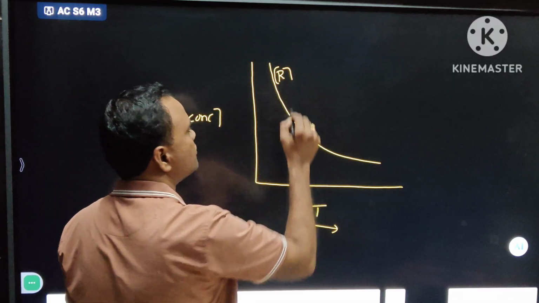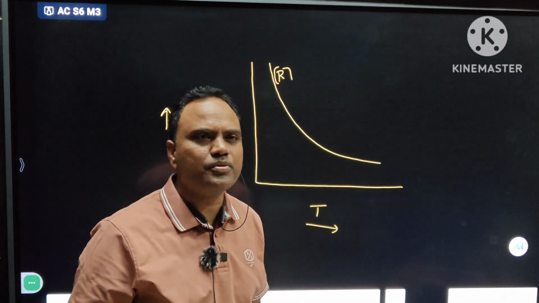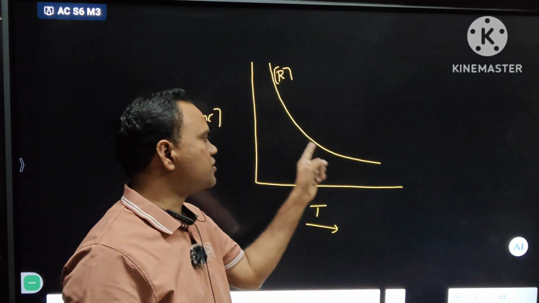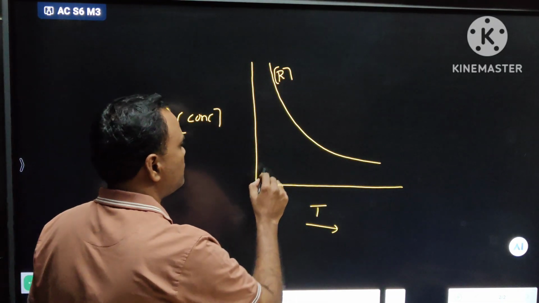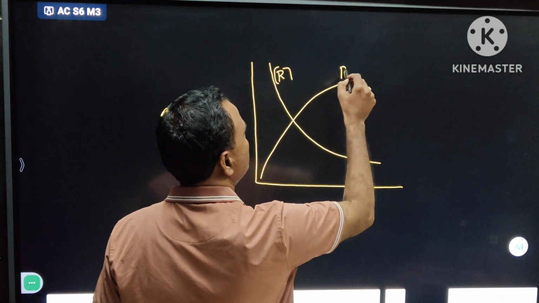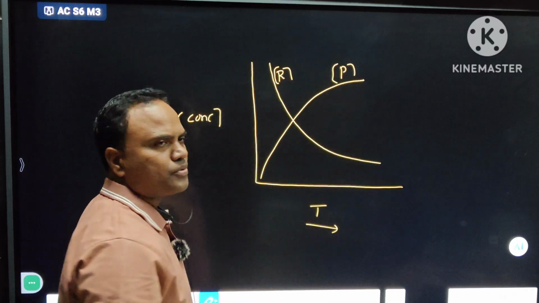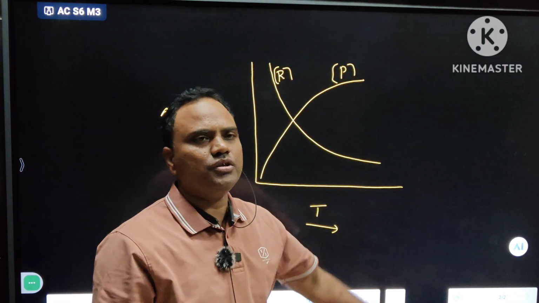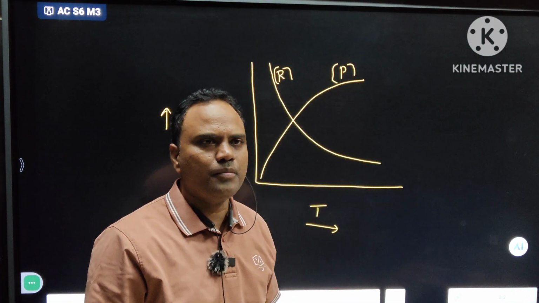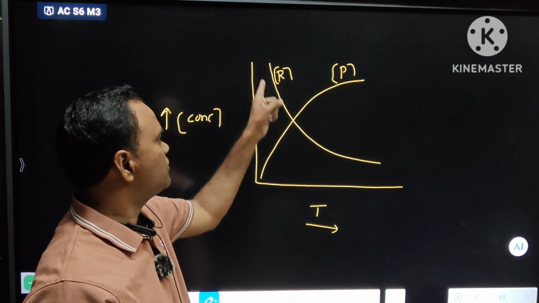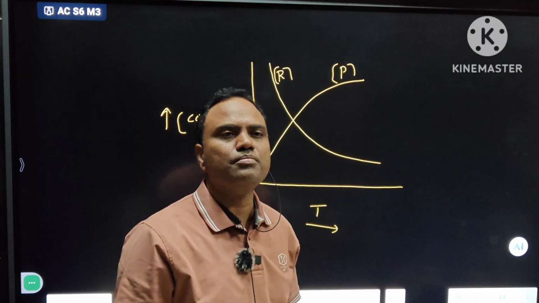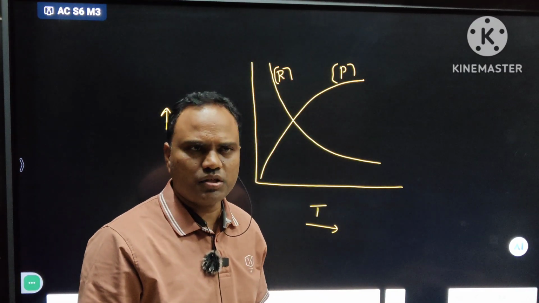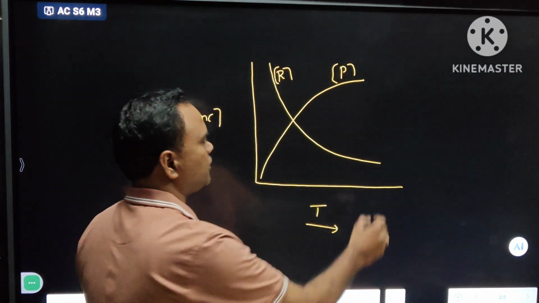This curve represents reactants because as time proceeds, reactants concentration decreases. This curve represents products concentration. As time proceeds, products concentration increases. Clear? Meaning of the two curves: this curve represents reactants, this curve represents products concentration. Clear? Got it? Okay.